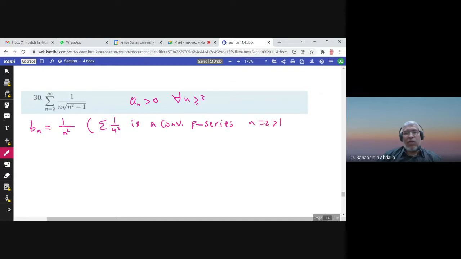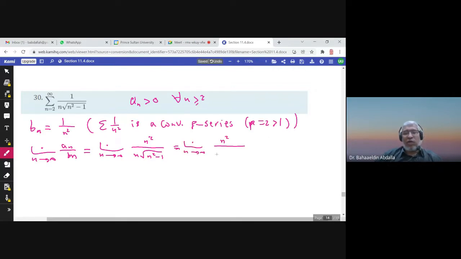p is 2, greater than 1, and the limit of an over bn when n approaches infinity is the limit of n square will become here up, when n goes to infinity.